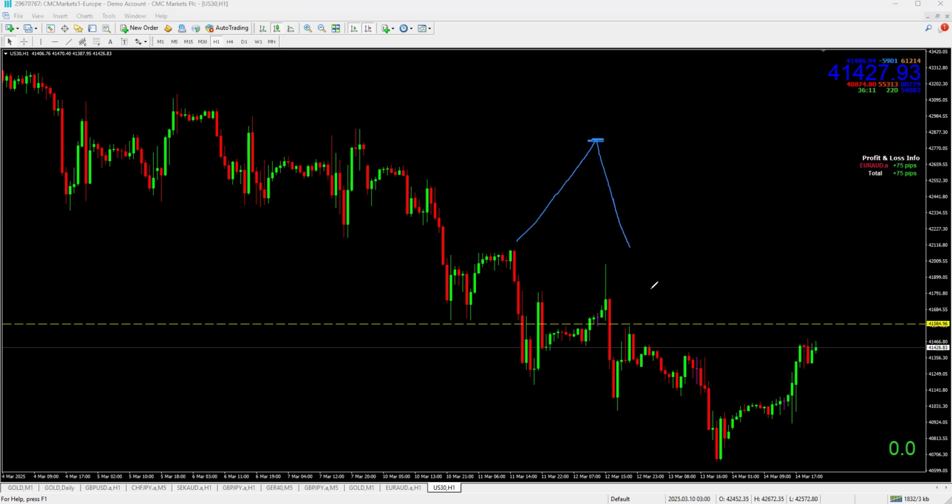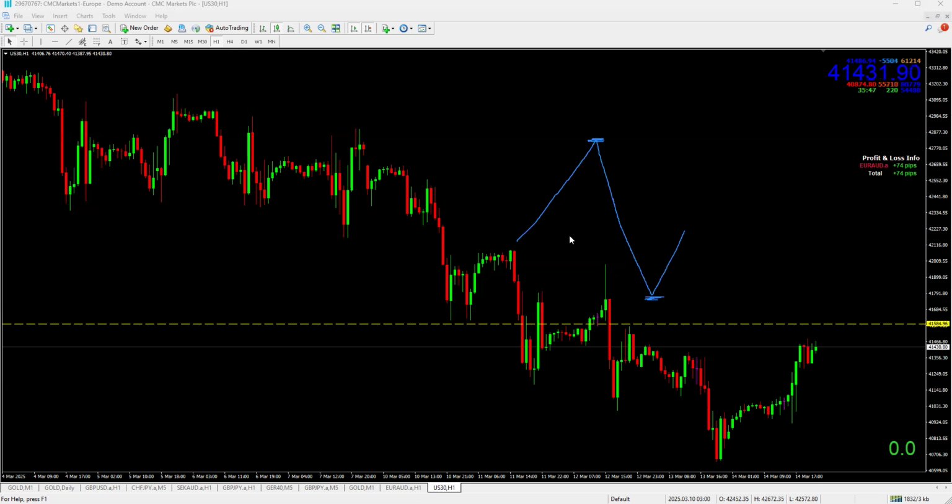If it's going like this and it turns, this sharp end is the structure. Structure would also be the same as support and resistance, it just depends. There's a little thing that differentiates the two.